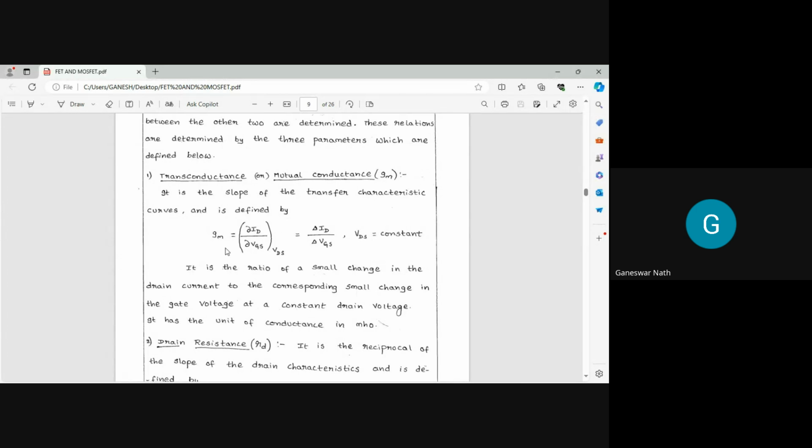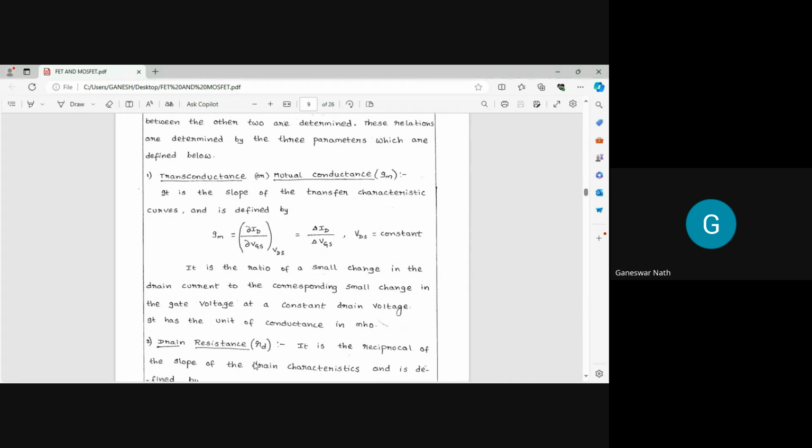All of you remember, this may be a short question, okay. It is the ratio of the small change in the drain current to that of the corresponding small change in the gate voltage at a constant drain voltage, and it has the unit of conductance, that is 1 by ohm, or that is called the mho, okay.